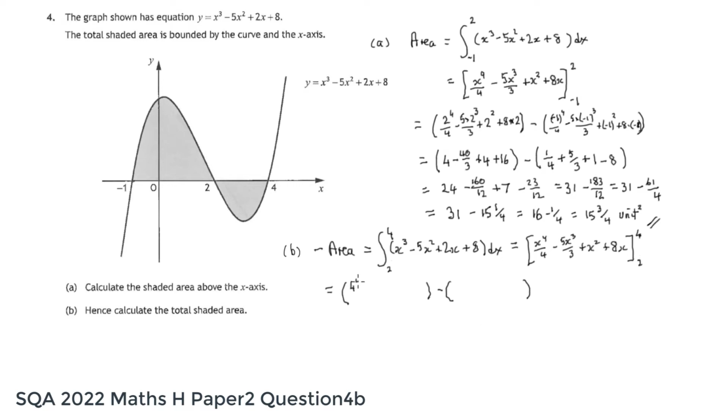So we get 4 to the power 4 over 4 minus 5 times 4 cubed over 3 plus 4 squared plus 8 times 4. So that's just that substitution.